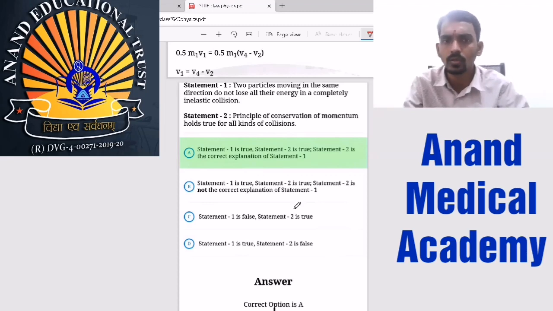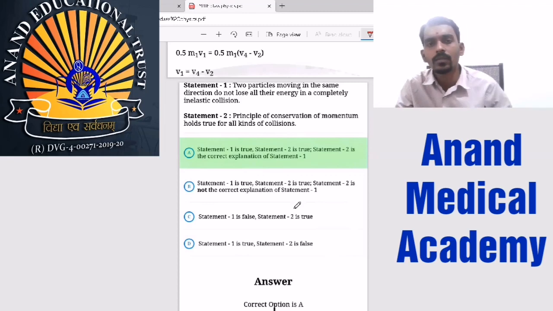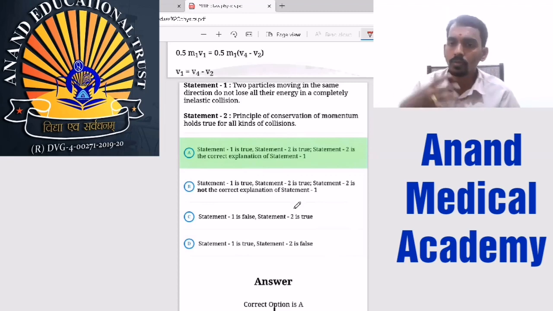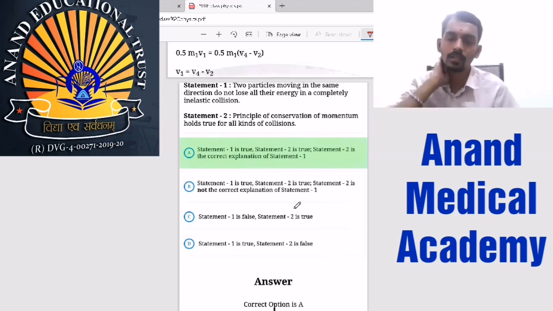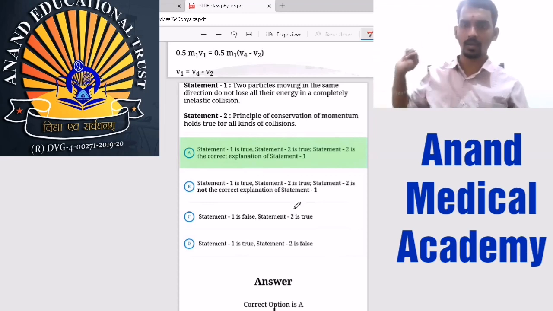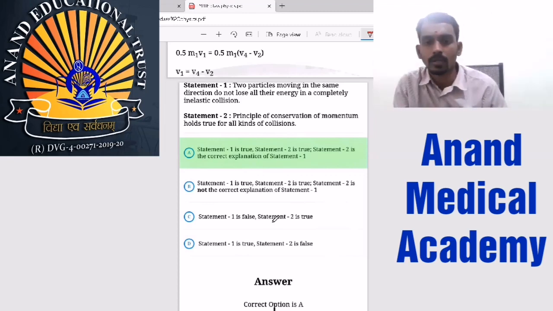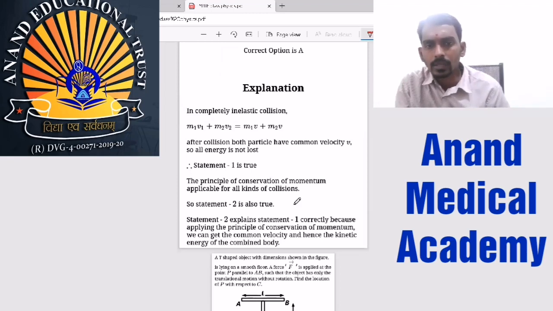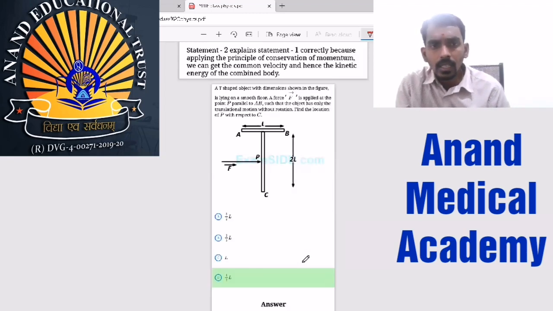Yes, it is true. The principle of conservation of momentum holds true for all. Kinetic energy conservation is not valid, but conservation of momentum is valid in every collision. So you must have the idea of that particular concept 100%. Then only you can attempt such kind of questions. So here a clear explanation is given.